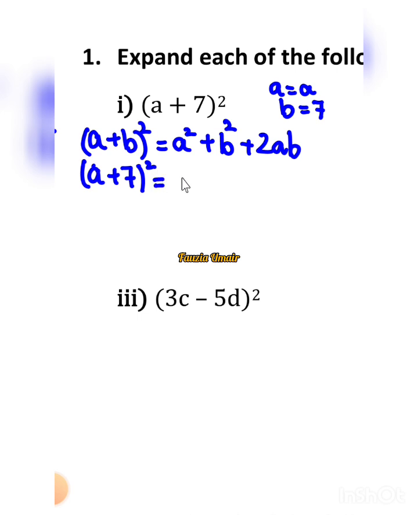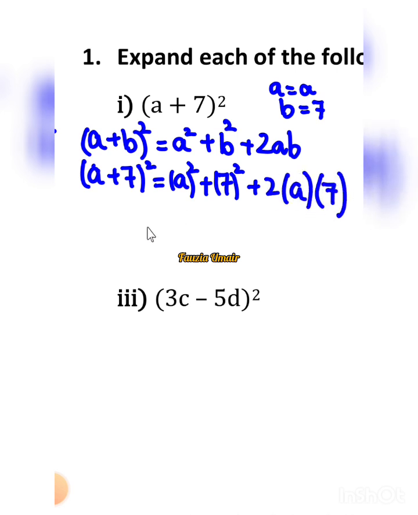Actually this is a very safe method: (a) square. So put these brackets so that you are not making mistakes. Plus 7 square plus 2 into a into 7. So my final answer would be a square plus 49 plus 14a.